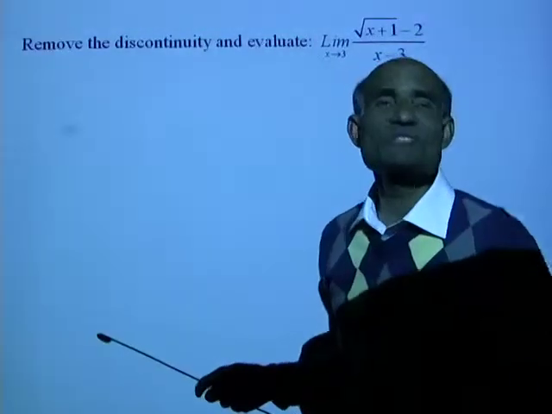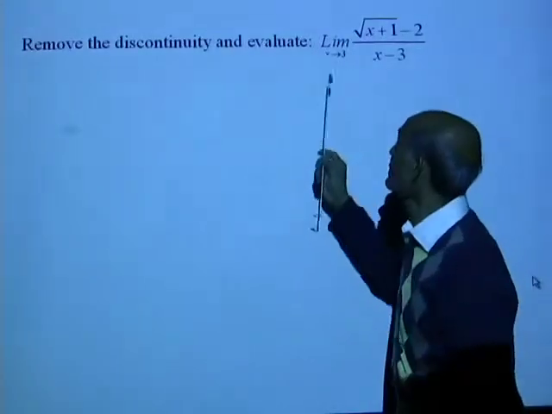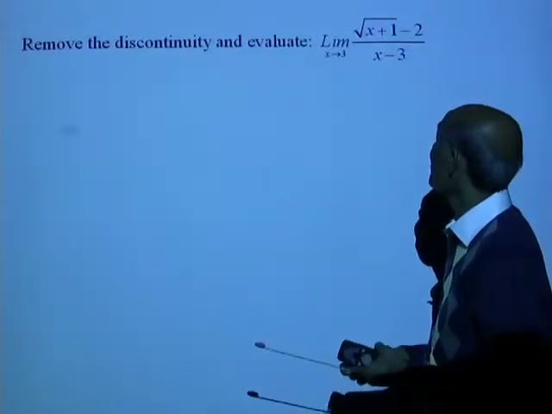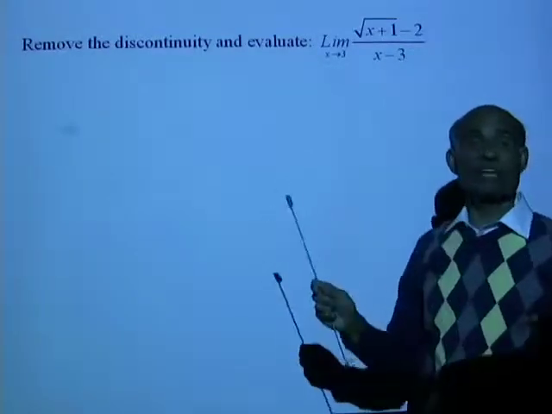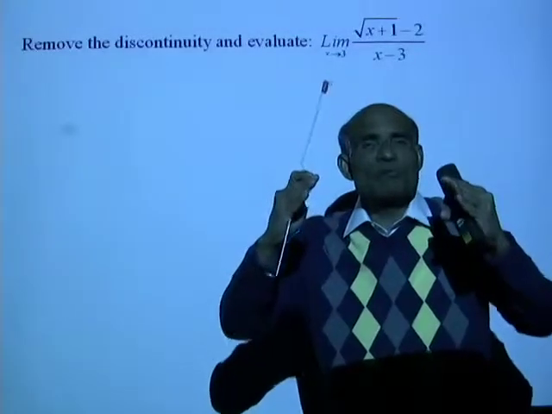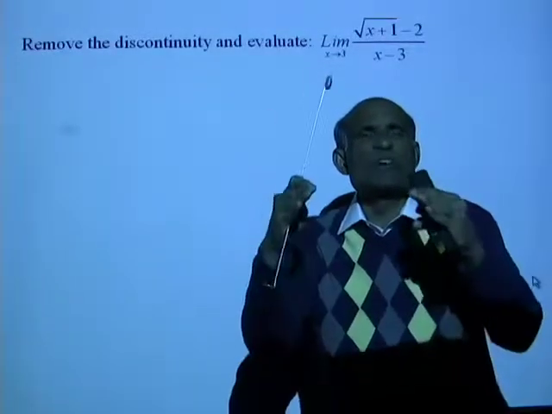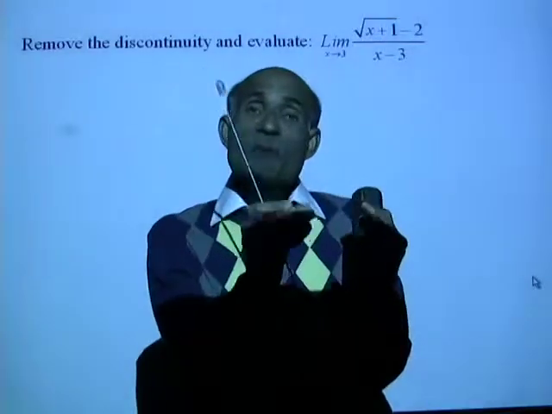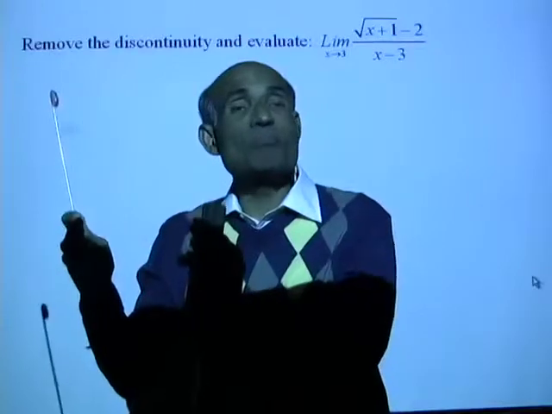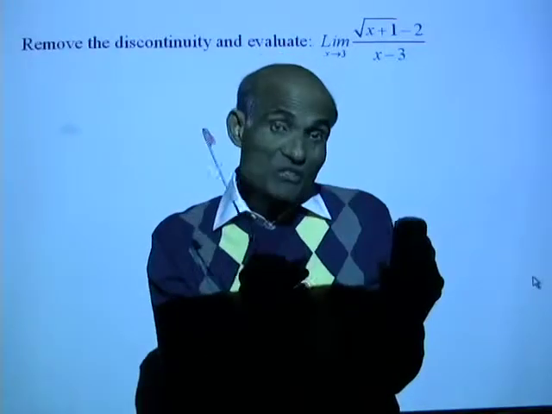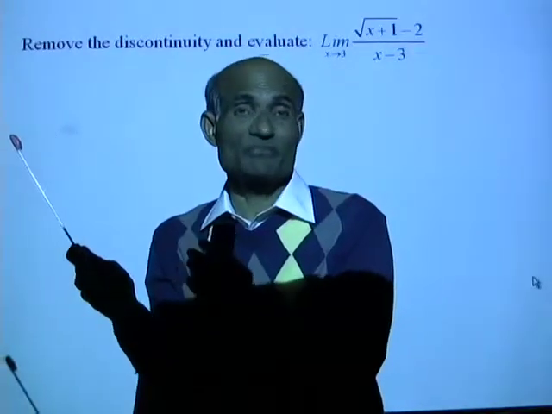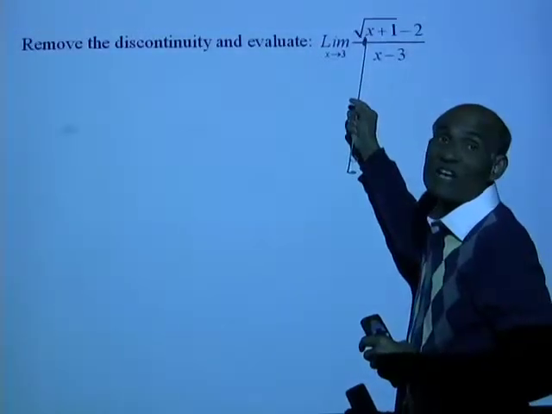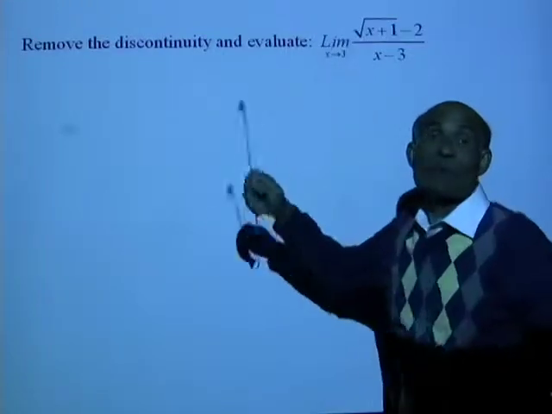And the only way to simplify this is the understanding that the numerator, square root of x plus 1 minus 2, can be simplified if you multiply it by its, well, sort of like the conjugate. Now remember, a minus b times a plus b is a squared minus b squared. Now if you have some situation like that, we can remove the square root sign by doing that.